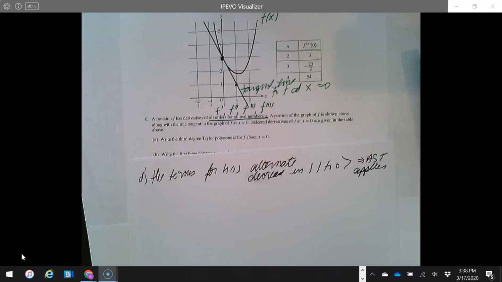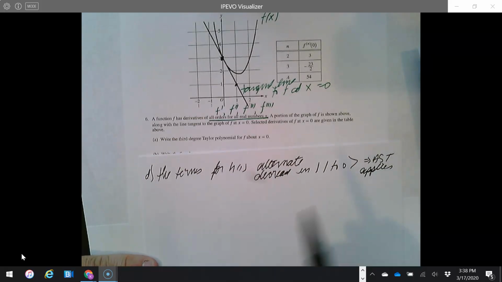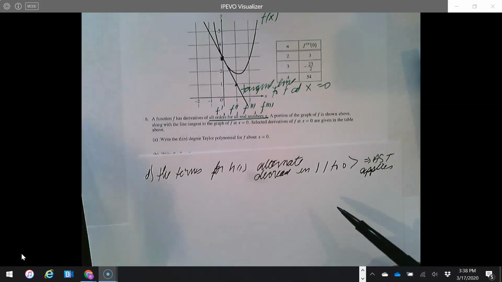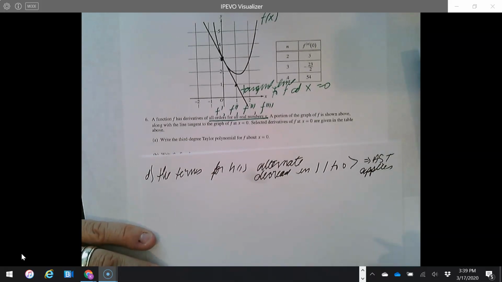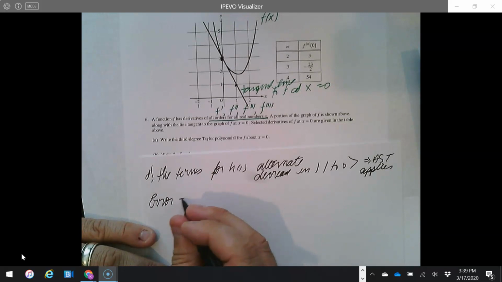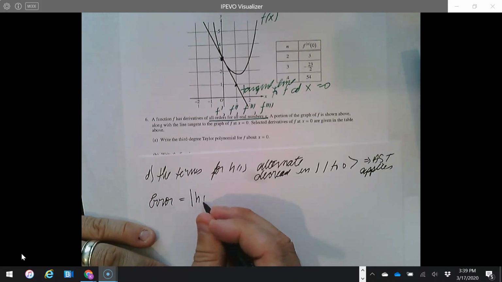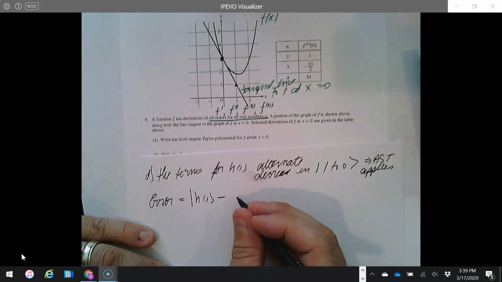And the alternating series test says that if I am using an approximation to get to the true value of the function, the error, which is the difference between h of 1 and our approximation, is going to be less than the first term that I didn't include.